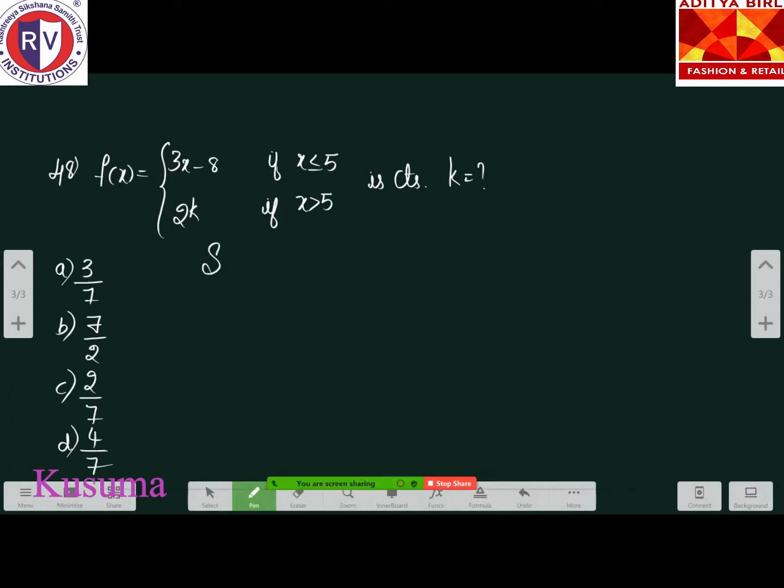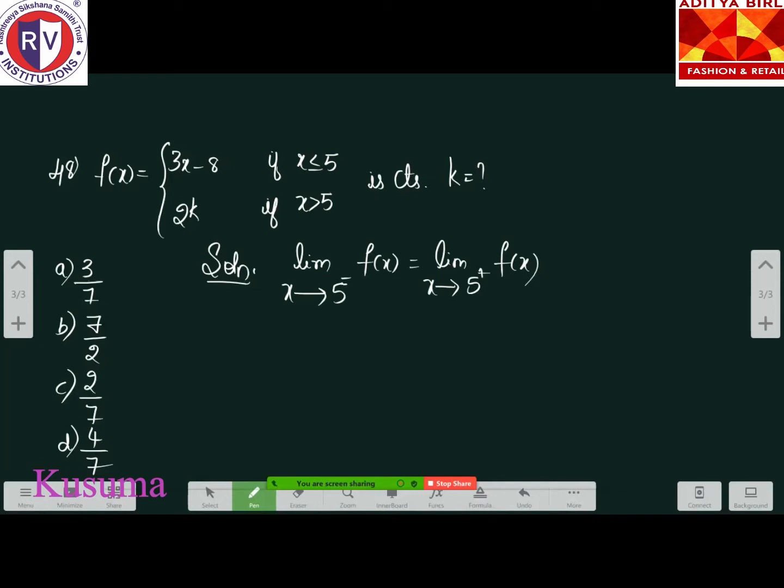Okay, so let us see the solution. Here the function is said to be continuous. Therefore, the LHL at x equal to 5 must be equal to the RHL at x equal to 5. That is, limit as x tends to 5 minus of f of x must be equal to limit as x tends to 5 plus of f of x. So 5 minus means all the values that are less than 5, right?